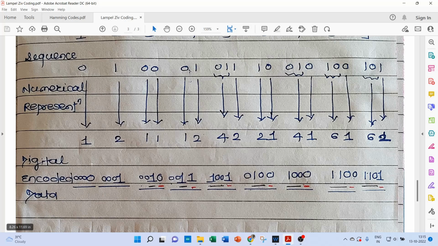For 1, the code is 0, so I have written 0. For 2, the code is 1, so I have written 1.